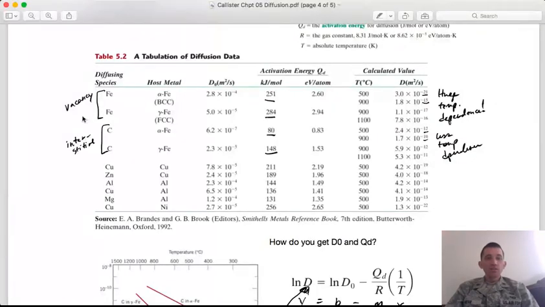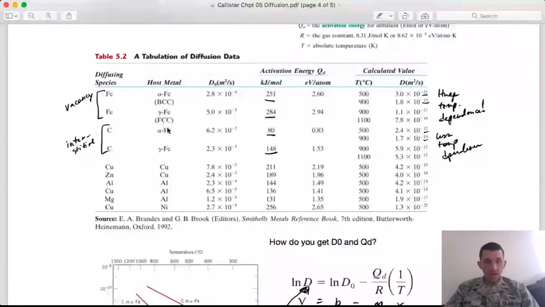The first, and this is something I alluded to earlier in this lecture, is the difference between vacancy and interstitial diffusion, right? So here we have our host metal, ferrite and austenite. This would be alpha phase iron, which is BCC crystal structure, and gamma phase iron, which is austenite, which is FCC structure.